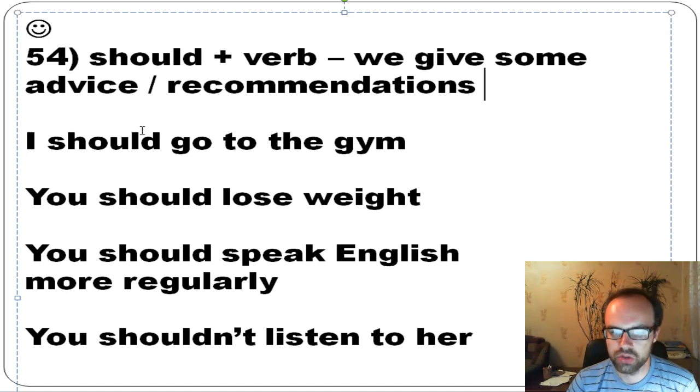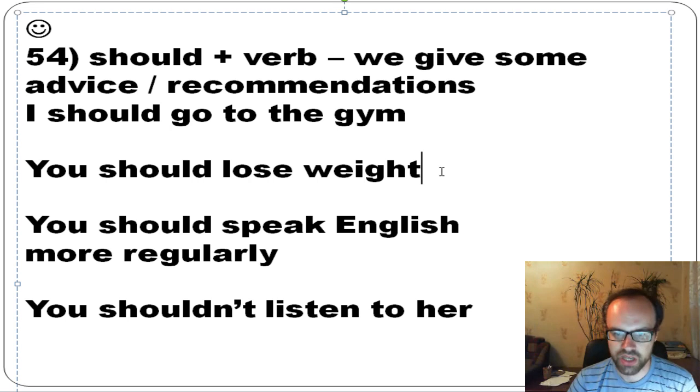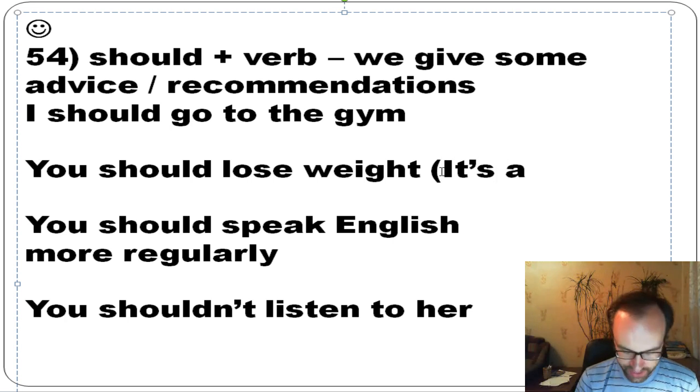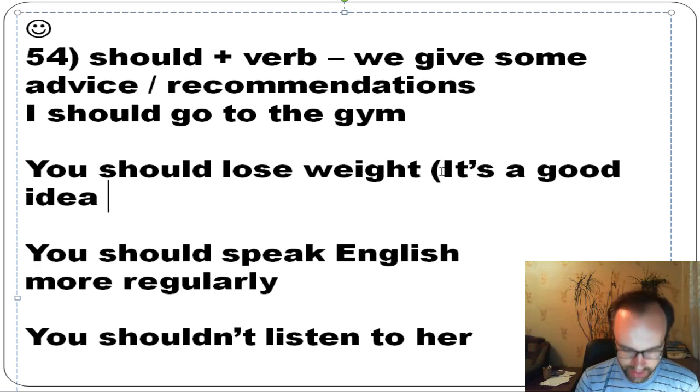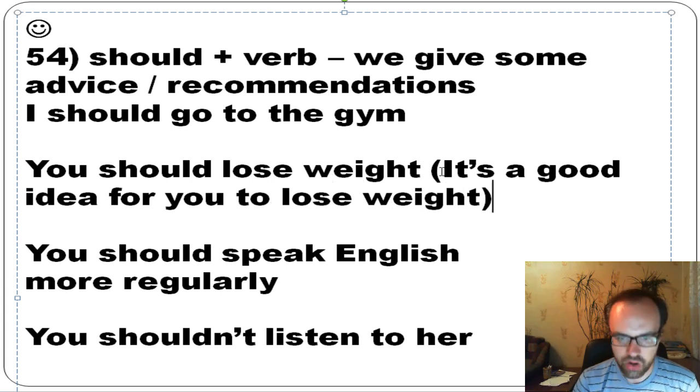Or you should lose weight. It means it's a good idea for you to lose weight. You should speak English more regularly. You shouldn't listen to her. It means that it's a good idea for you not to listen to her.